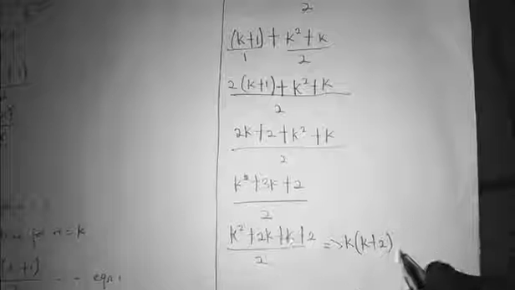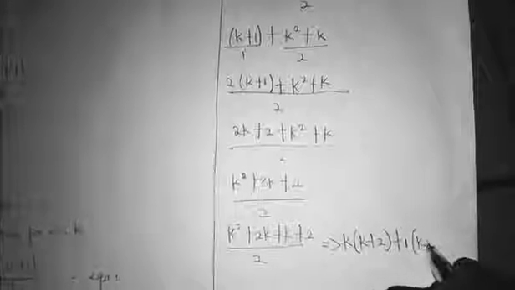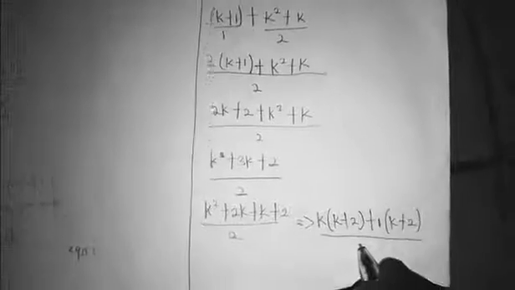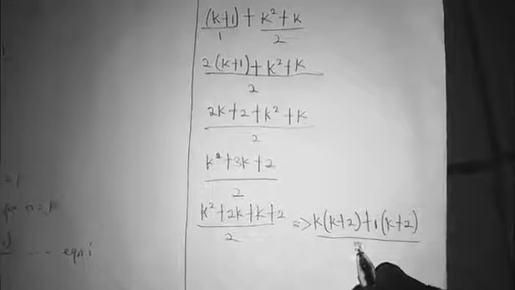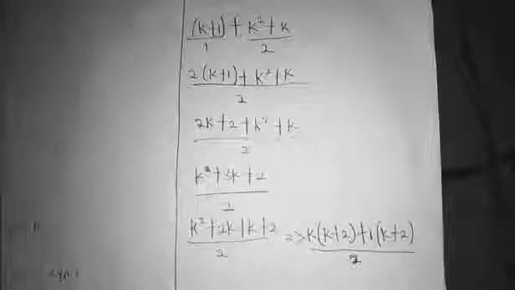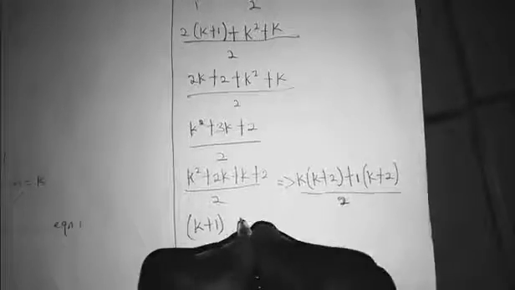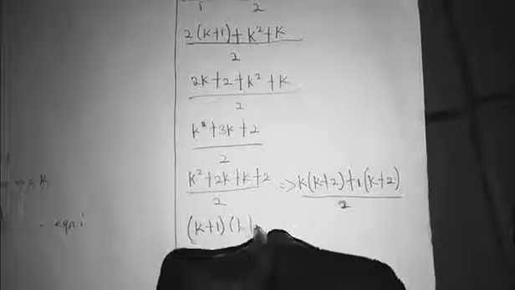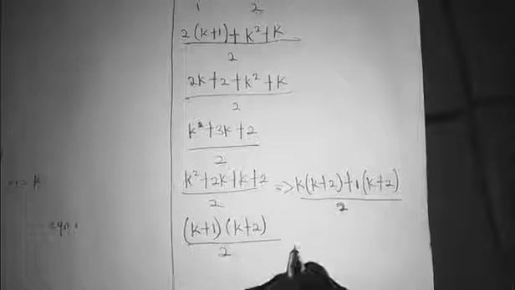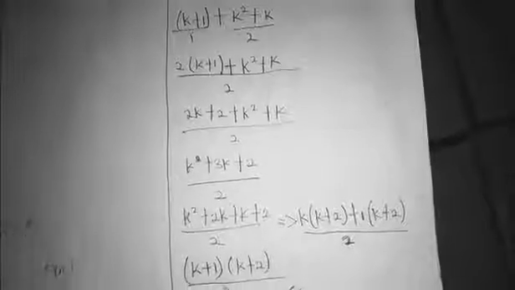Then what's common between this one? Plus 1, and that will be k plus 2 also. Then this will now become k plus 1, k plus 2 all over 2. This will be my final answer when I did it for the left hand side.